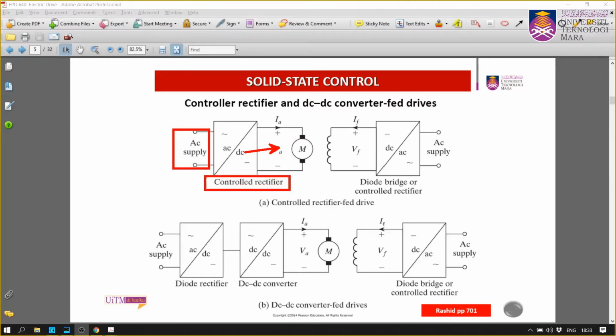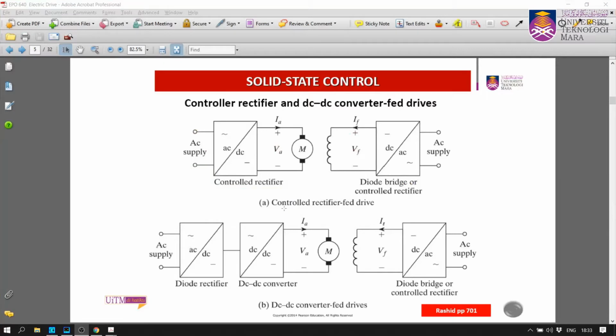You can have a single-phase converter to do that by means of a controlled rectifier. And for the field windings, it is enough to use a diode bridge to control the IF, also VF here. So that is a controlled rectifier.